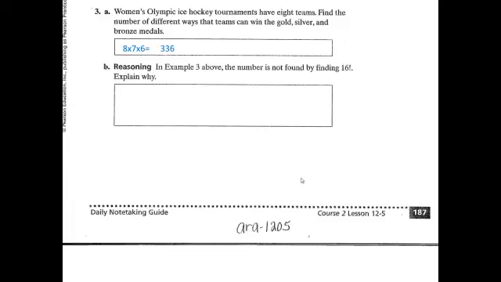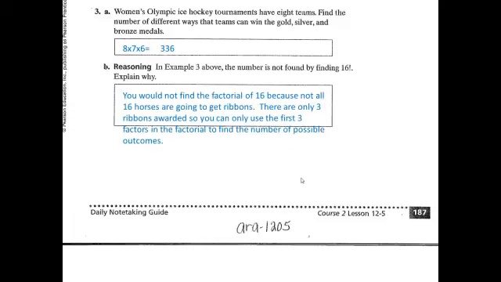Well, the reason why we didn't do the factorial of 16 is because not all 16 horses are going to get ribbons. Only 3 ribbons are awarded. So we can only use the first 3 factors in the factorial to find the number of possible outcomes. That's why we only did 16 times 15 times 14. Pause the video to get all of this explanation written down. Then we're going to do another example.